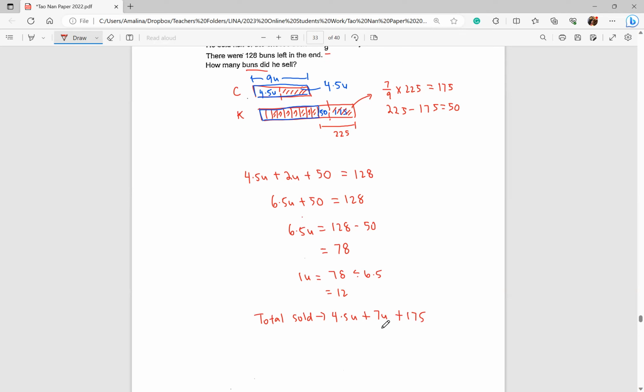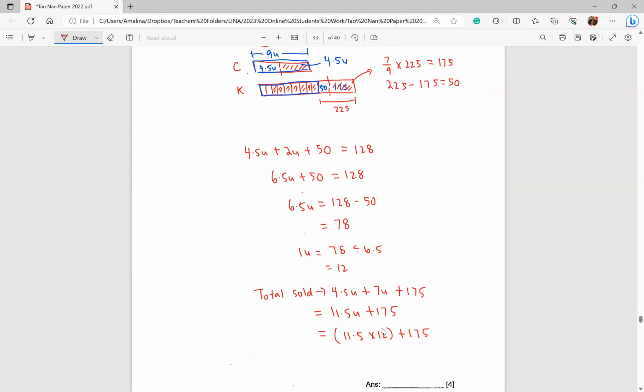So I work this out. Okay, so 4.5 plus your 7 means 11.5 units plus your 175. Straight away you multiply this by your 12. So 11.5 times 12 plus your 175. And you get your answer, 313. So you get 313 for your buns I sell altogether.